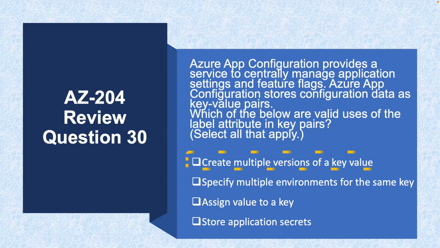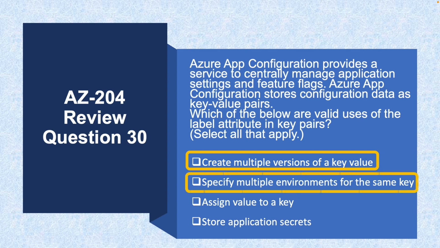The correct answers are create multiple versions of a key value and specify multiple environments for the same key. Labels add a layer of metadata to the key value pairs. You can use them to differentiate multiple versions of the same key, including environments. And labels are not values. You should never store application secrets in the app configuration.